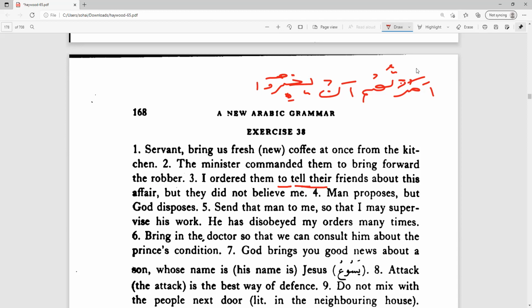Asdiqahum, asdiqa'. Accusative. Okay, the object. Okay, أن يخبر أصدقائهم. أن. هذا.